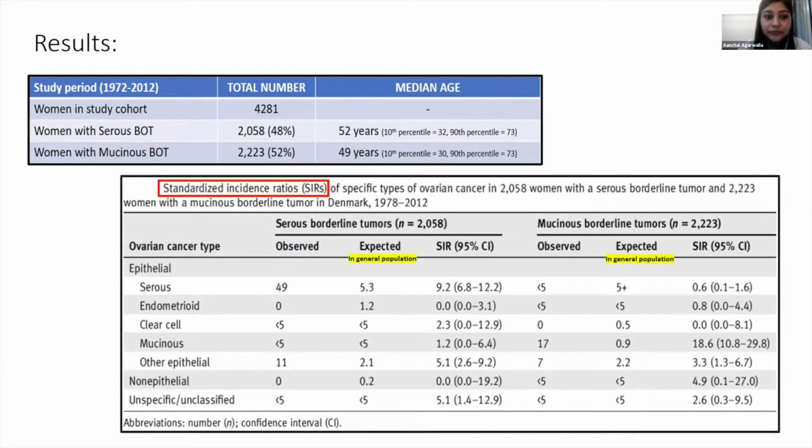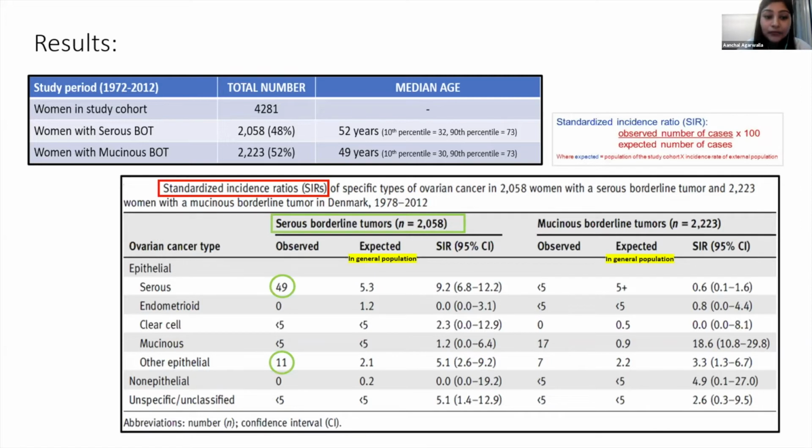So in this table, you can see that the standardized incidence ratio, which is the relative risk of a specific tumor following the borderline tumor, be it serous or mucinous, was calculated. And it clearly shows that there was a 5.3 times increase in relative risk of developing serous cancer following a serous borderline tumor when compared to a normal female population.